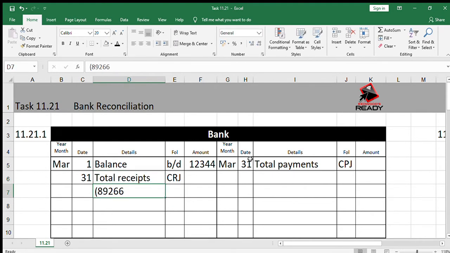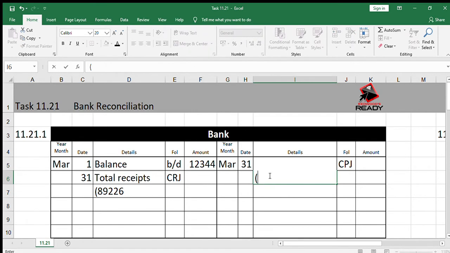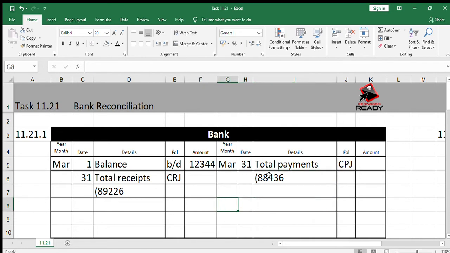So these are from the question. This is 89226 for the CRJ and 88436 for the CPJ. I'm not going to bring in the balance carried down and the balance brought down or the total, because we're going to see what the adjustments are for our question.